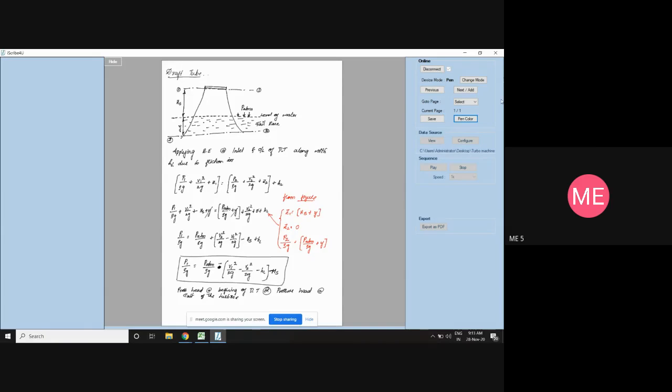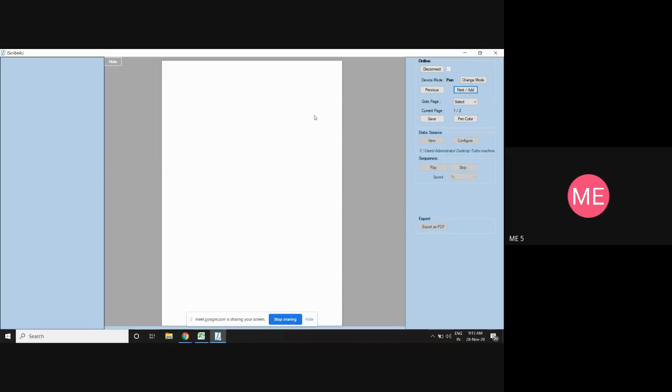Now, one more small derivation, that is the efficiency of the draft tube.